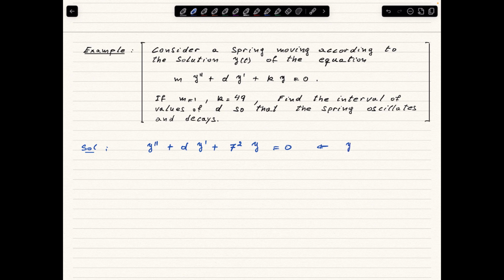In the usual way, we look for solutions that are exponentials of rt, and what we get is the characteristic equation for r, which is r squared plus d r plus 7 squared equals 0. And we find the roots, and the roots are r plus minus equal 1/2 then minus d plus minus square root of d squared minus 4 times 7 squared.